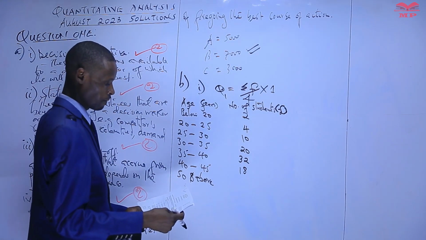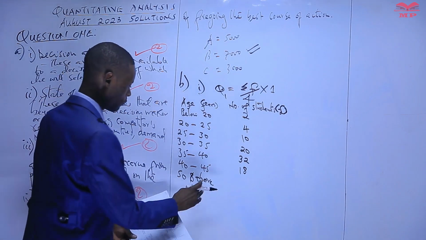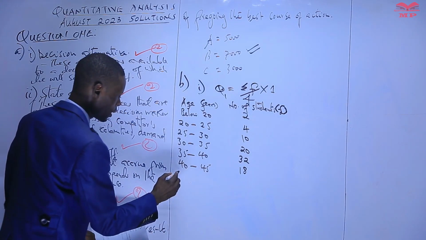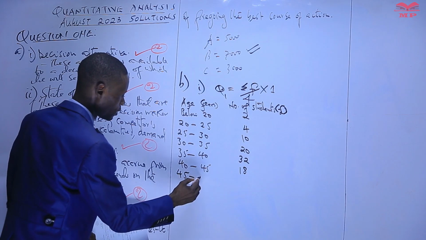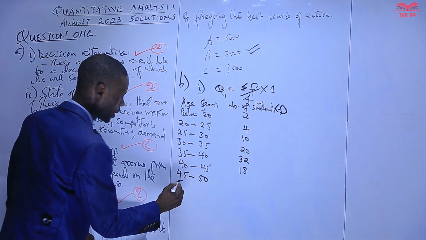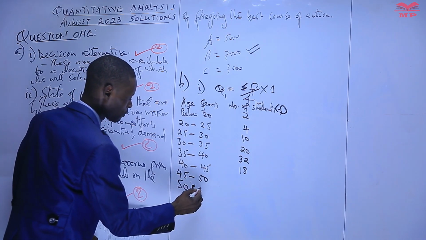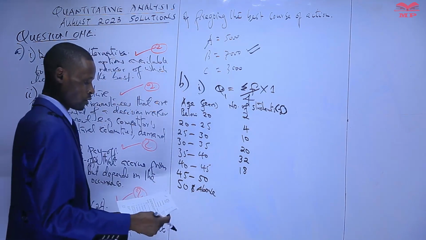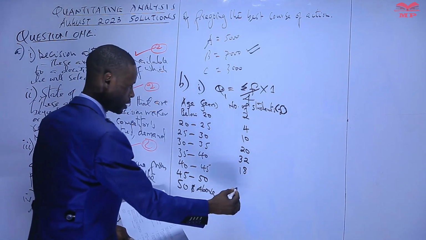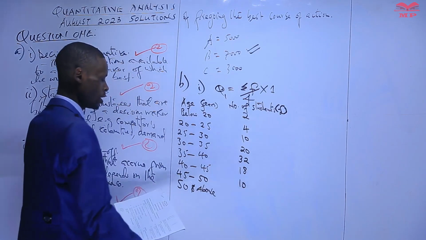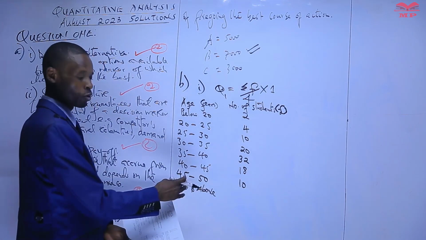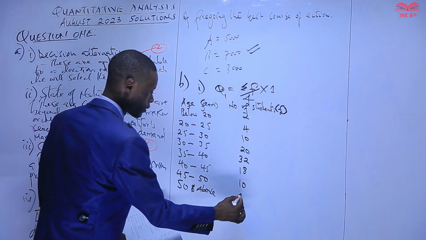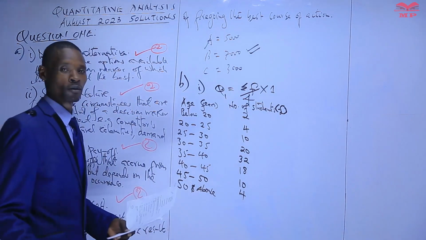Then we have 45 to 50, and then 50 and above. So we have 18, and another frequency is 10 for the range of 45 to 50. Then lastly, above 50, the frequency is 4.